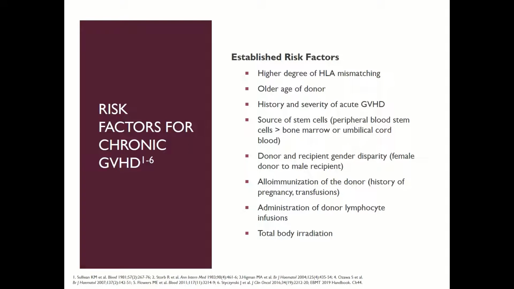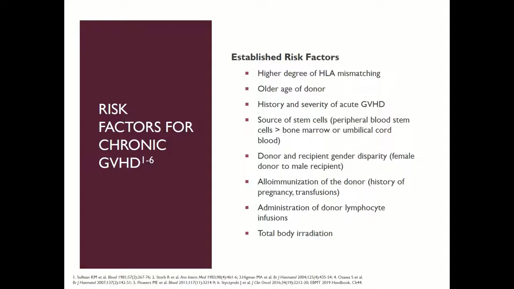Over the decades, numerous risk factors for chronic GvHD have been established. I would say the most important ones are listed on the slide and include higher degree of HLA mismatching between donor and recipient, older age of the donor, a history and the severity of prior acute graft-versus-host disease, the source of the stem cells, with peripheral blood stem cell grafts being associated with higher rates of chronic graft-versus-host disease compared to marrow or cord blood grafts.